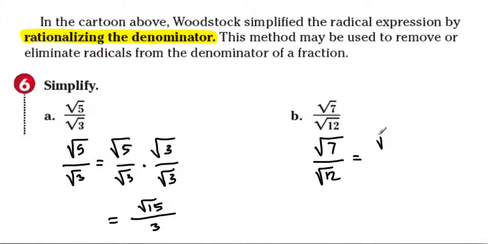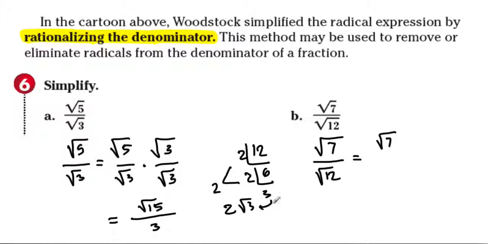And we know that radical 12, using the step down or the drop down, 2, 6, 2, 3, pair that up, that's a 2. So this becomes 2 radical 3, so that goes in. So this becomes now 2 radical 3. All we need to do is rationalize radical 3.